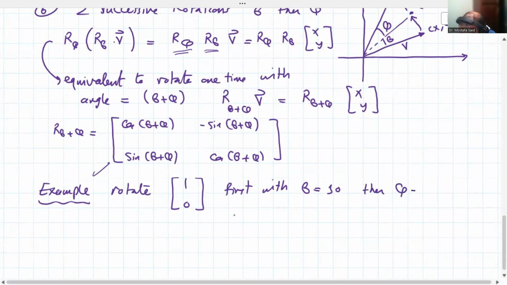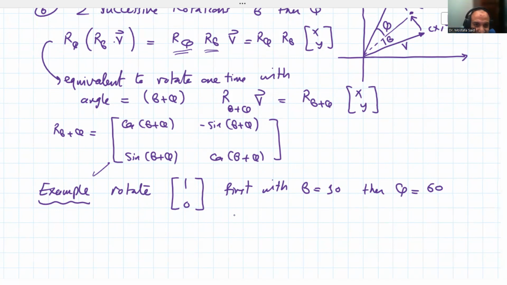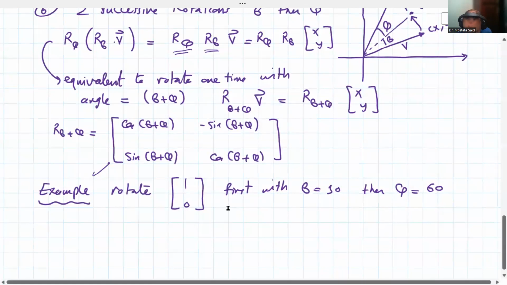Then another angle equal to 60. Why did I choose this? Because it's very easy to derive, because it's 90 degrees at the end of the day, right? I'm gonna do it in two ways. Two steps, R30 then R60, then I'm gonna do it with just one step, R90.